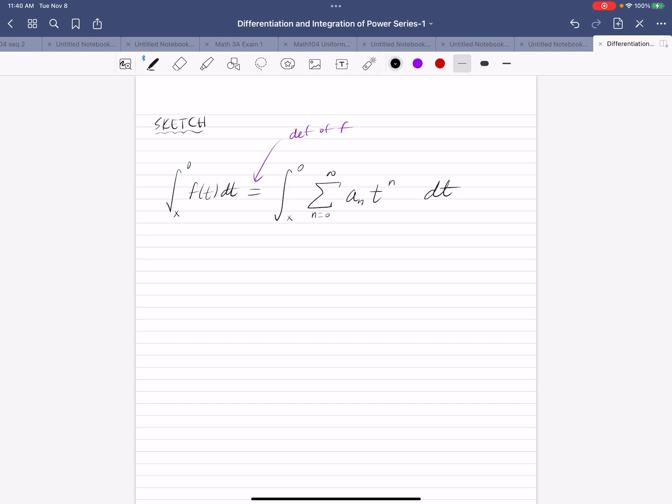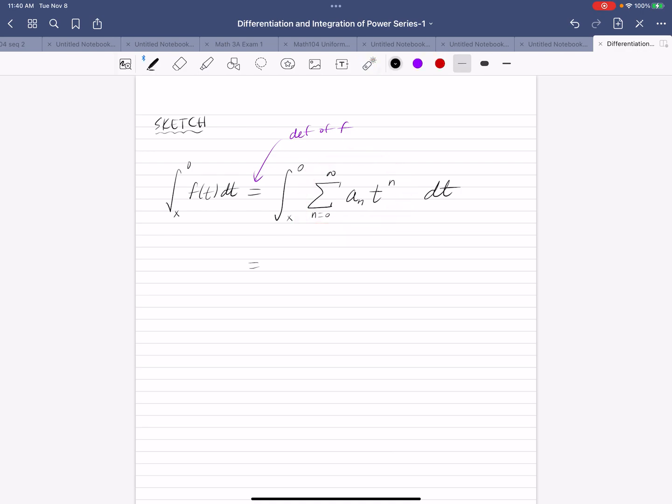Now, what I'm going to do is I'm going to rewrite this as a series of functions that is uniformly convergent, right? How am I going to do that?